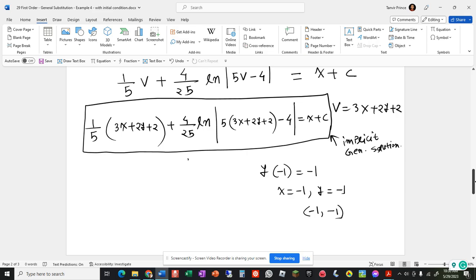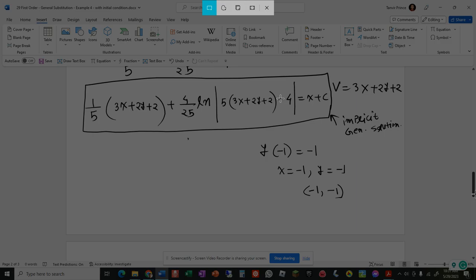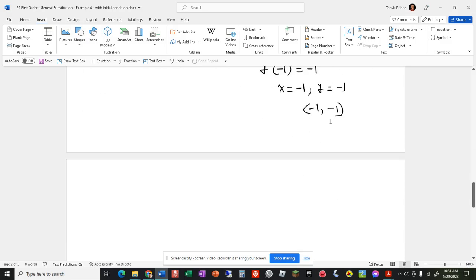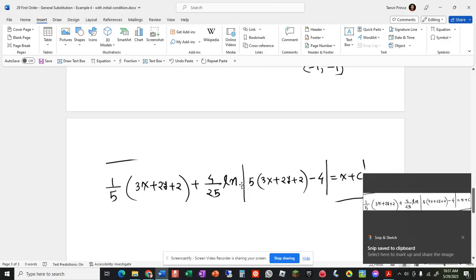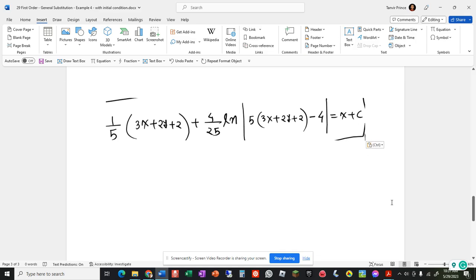So let's do the algebra here. I'm going to replace x by -1 and y by -1. Let's actually copy that in the next page. Let's continue. I'm going to replace x and y by -1.